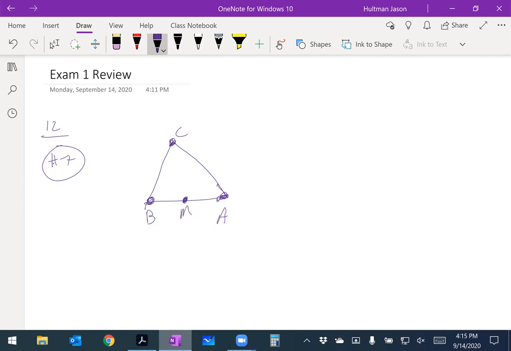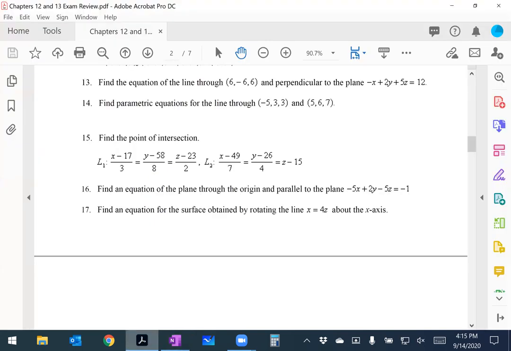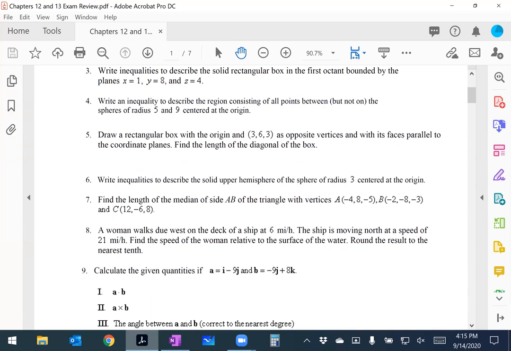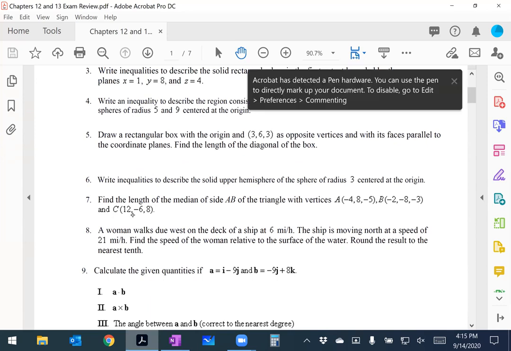So find the length of the median of AB of a triangle with these vertices. So we want to find the length of the median.